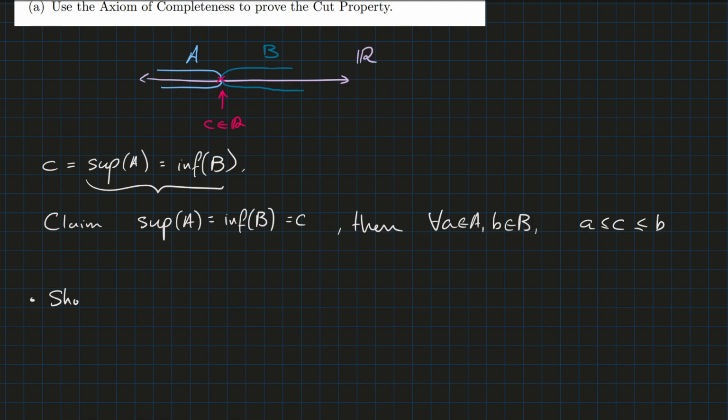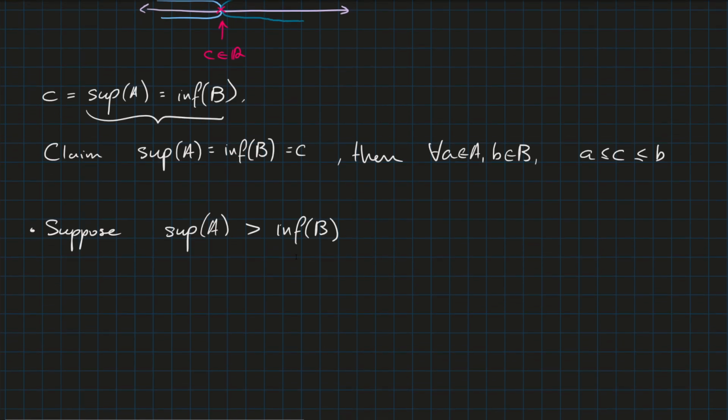So suppose that the supremum of A is strictly greater than the infimum of B. So they are not equal, and there's some overlap.